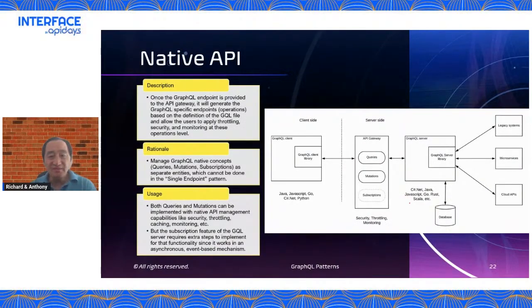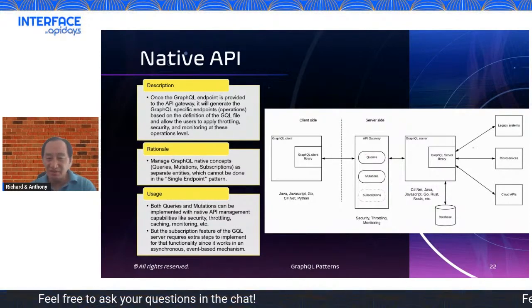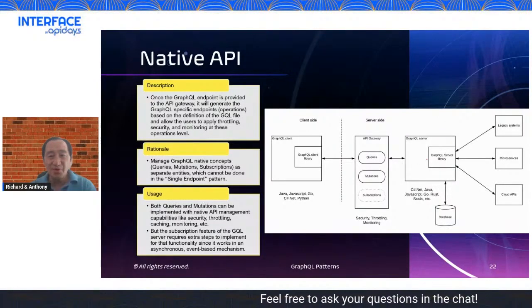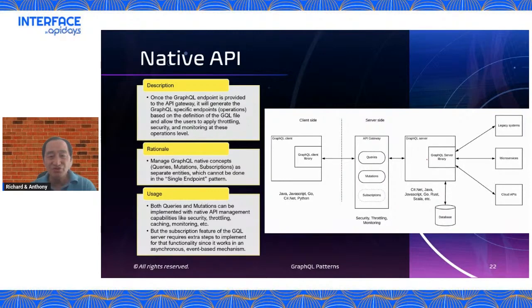Now further to that, one single API endpoint is not enough for the GraphQL capabilities. Specifically in GraphQL, we have queries, we have mutations, we have subscriptions. So in that case, if you only have one endpoint, it will not fit well. So this goes from a very simple single endpoint to a breakdown into different groups.